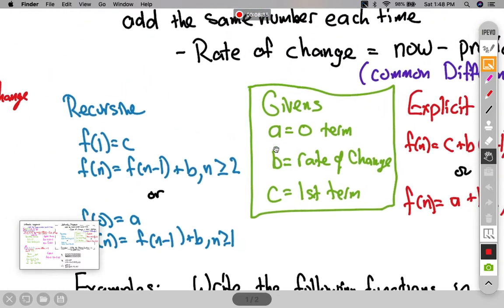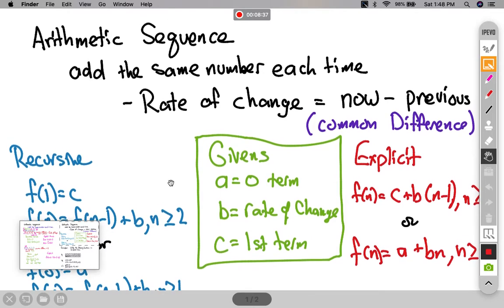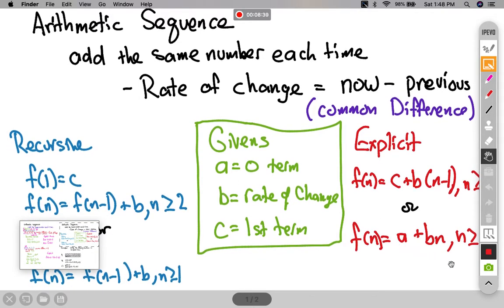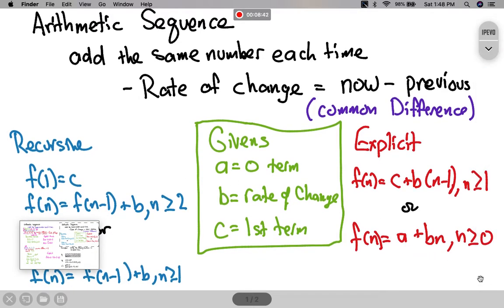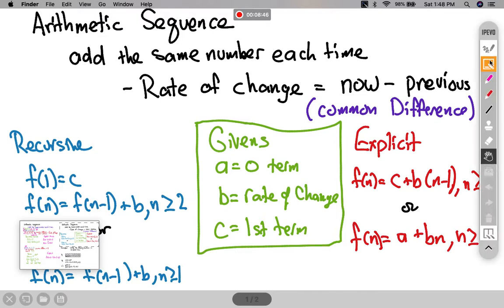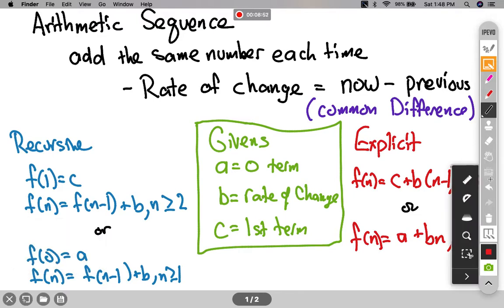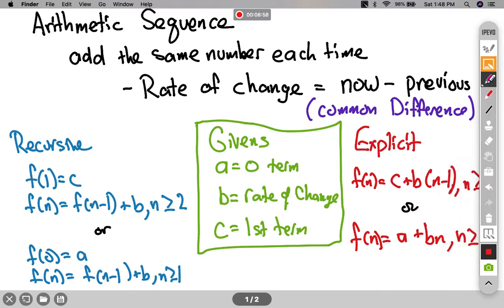So, kind of to sum everything up, when we're doing arithmetic sequences, again, we're adding the same number each time.